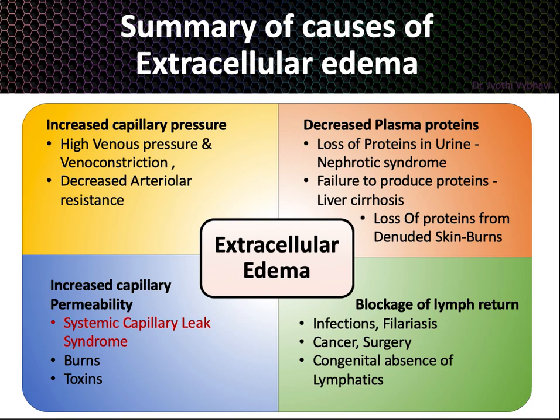Here is a partial list of conditions that can cause extracellular edema: conditions which cause increased capillary pressure, decreased plasma proteins, increased capillary permeability, or blocked lymph return. All of these cause extracellular edema. We'll cover each one of them.